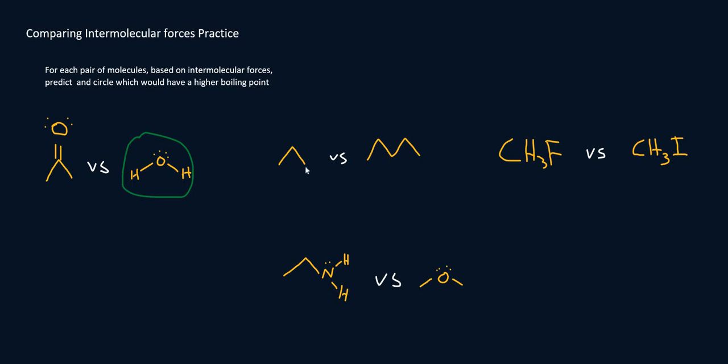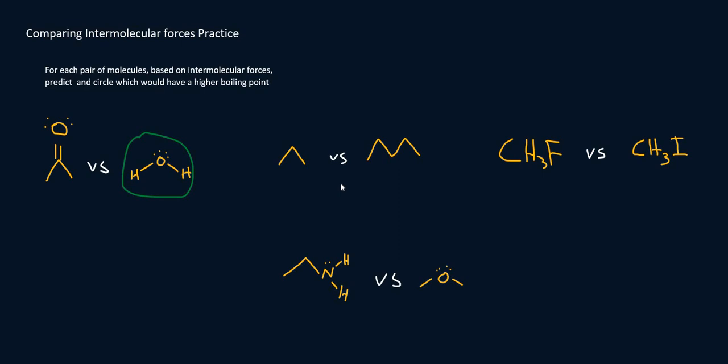So now we're comparing propane, which is this molecule here, with pentane, which is this molecule here. So we know that both of these are hydrocarbons, so the only forces that exist between these two are London forces. The question is, which of these has the stronger London forces? That's going to let you know which has the higher boiling point.